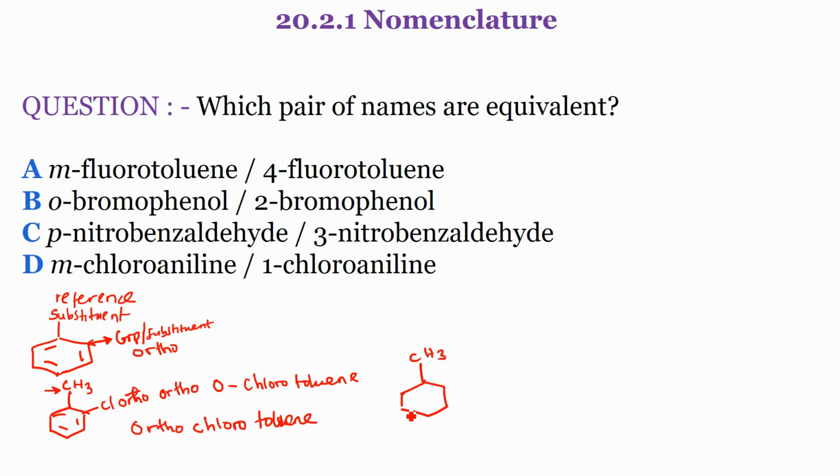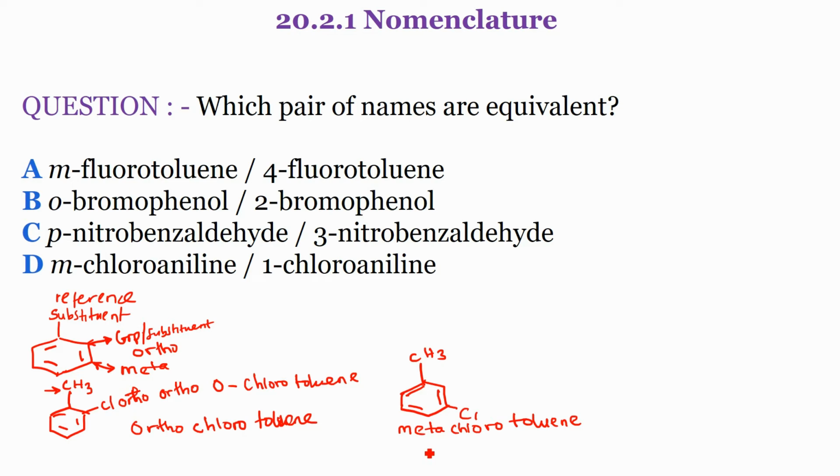Let's use the same toluene as an example. Toluene is the smell that you smell in paints, or that shoe polish you apply with your shoe brush. If the chlorine is right at this position, one carbon after the reference substituent, it is called meta. So we're going to call this molecule meta-chlorotoluene.